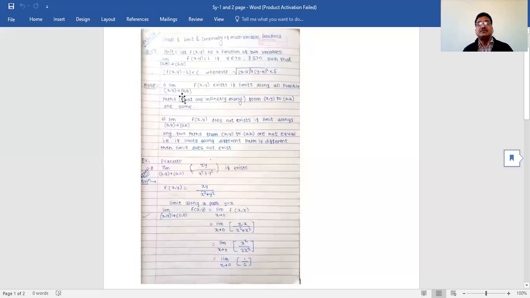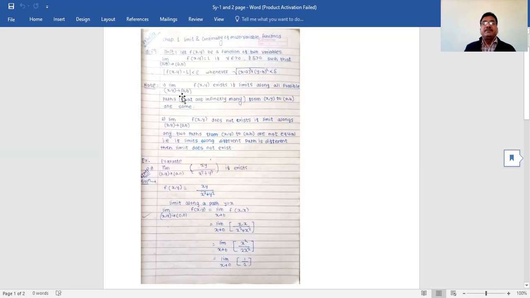There are two ways in which x tends to a, that is from the right side, where we say x tends to a plus, and from the left side, where we say x tends to a minus. That is, left hand limit and right hand limit are equal, because x tends to a in only two ways, from the right side or the left side.